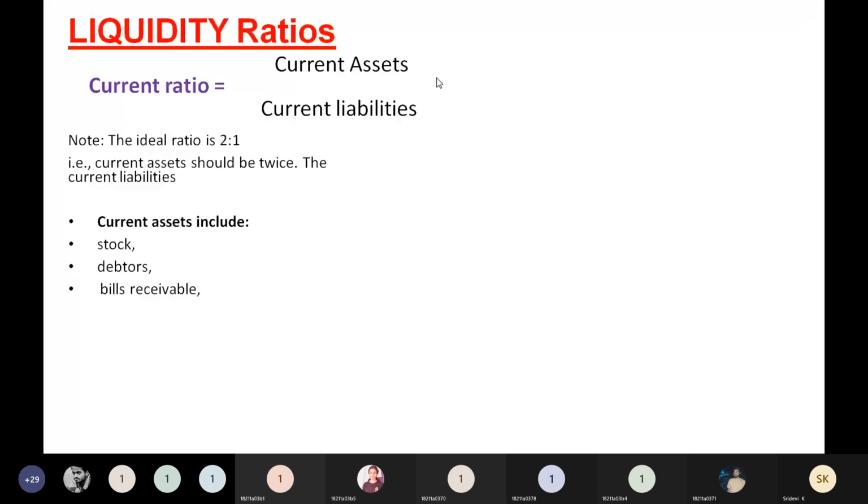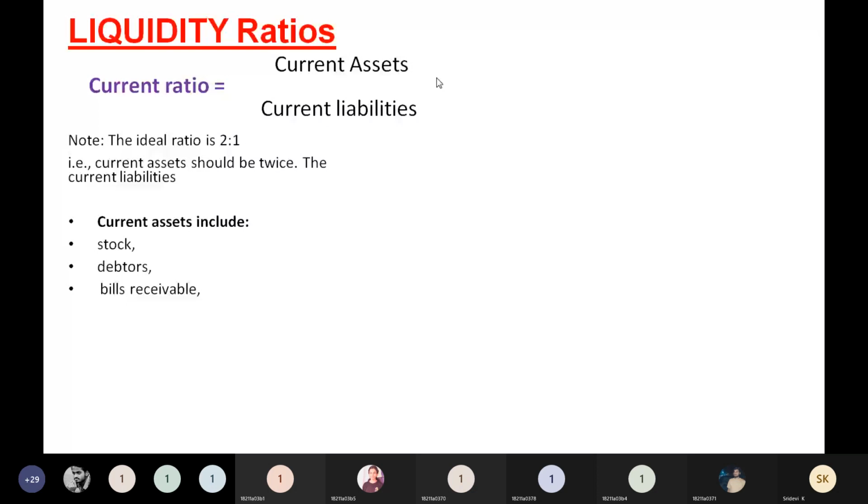And bills receivables. Sometimes bills will be issued by the customers. For example, debtors have purchased the product. They are going to give you certain bills, as they want to pay a certain amount through the bank.